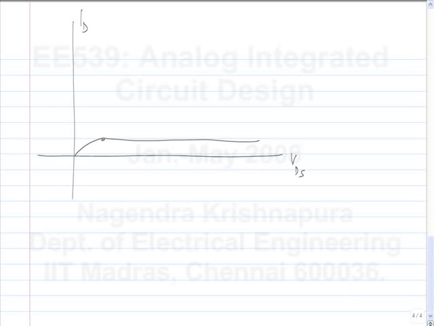That is what the model says. And if you increase the value of VGS, you will get a higher saturation current, and if you increase it by an equal amount of VGS, you get an even larger step. This is because the current is dependent on the square of the gate source voltage.